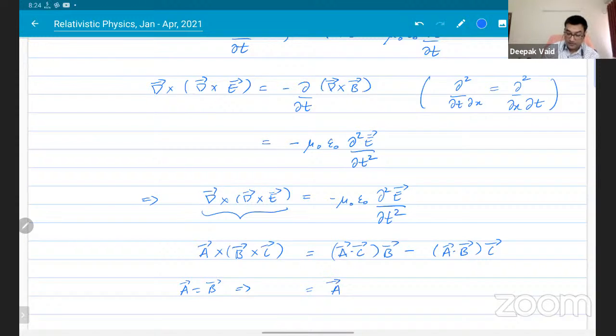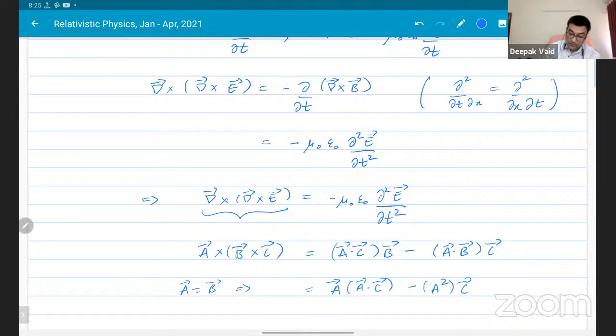I'll put it before the number, and I'll say A is equal to B, so this becomes A times A dot C, and then minus A dot A, this becomes A square C, right?